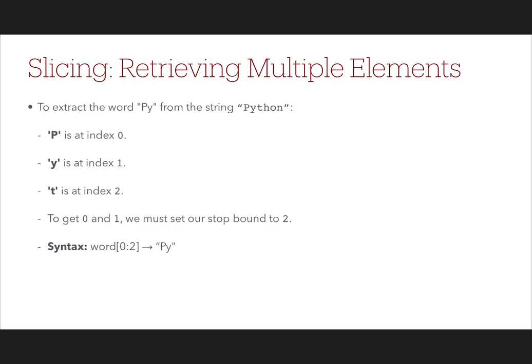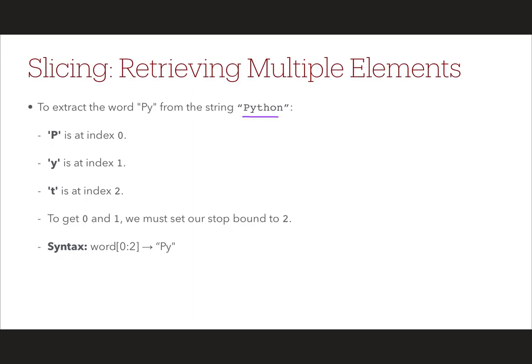So, as an example, if I consider the Python character string, as we know, P has index 0, Y has index 1, and T has index 2, and so on.